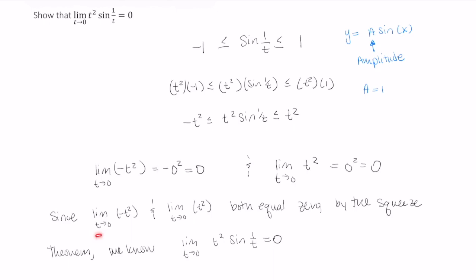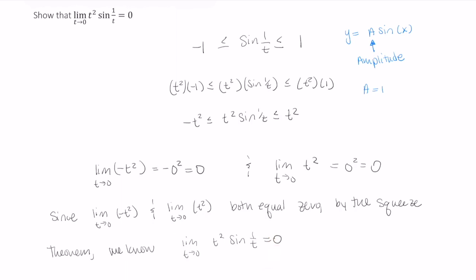Since the limit as t approaches 0 of -t squared and the limit as t approaches 0 of t squared both equal 0, then by the squeeze theorem, we know that the limit as t approaches 0 of t squared times sine of 1 over t is equal to 0.